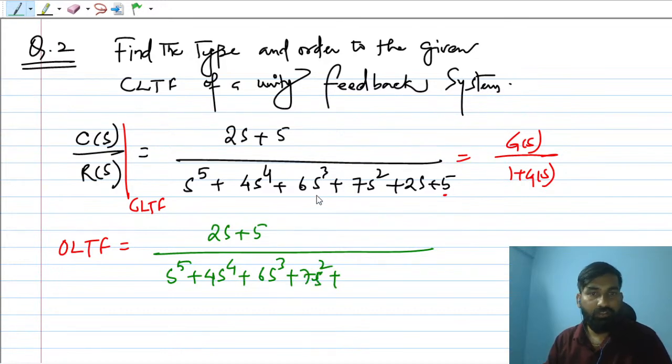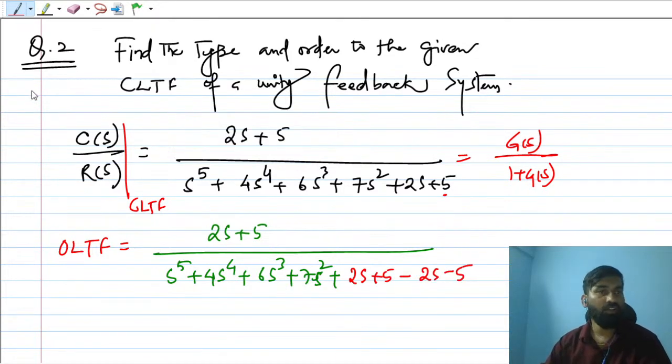Now what you can do is subtract 2s + 5 from the denominator, so these terms get cancelled.